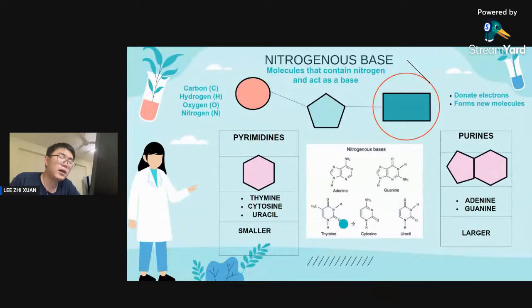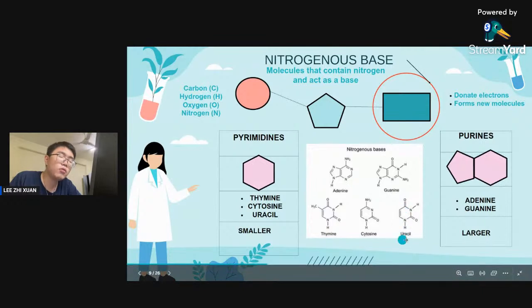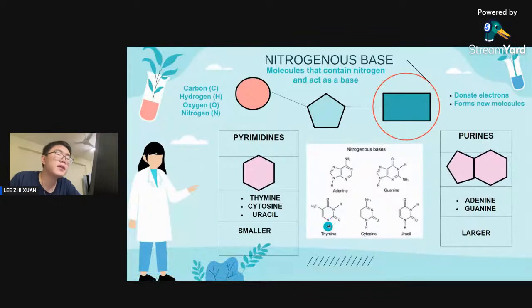Thymine is a key difference between DNA and RNA. Uracil is only present in RNA, and thymine is only present in DNA. These are some of the key differences between DNA and RNA.